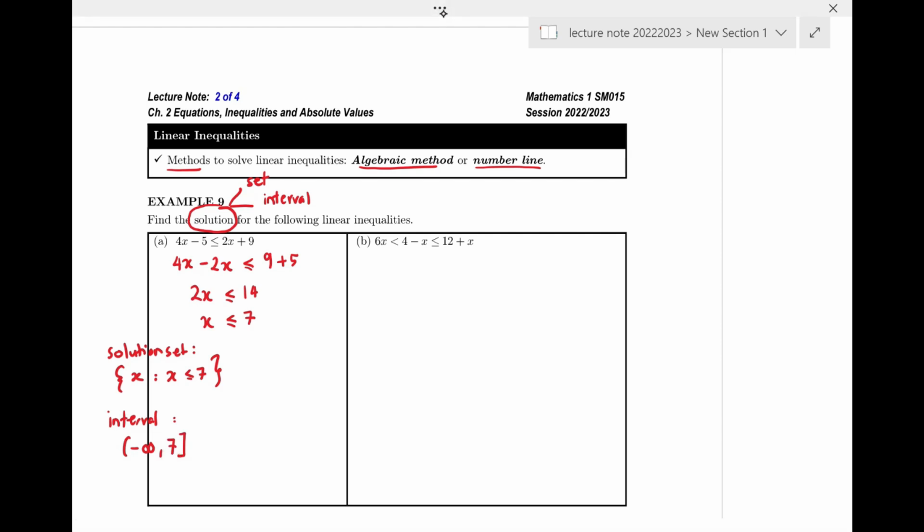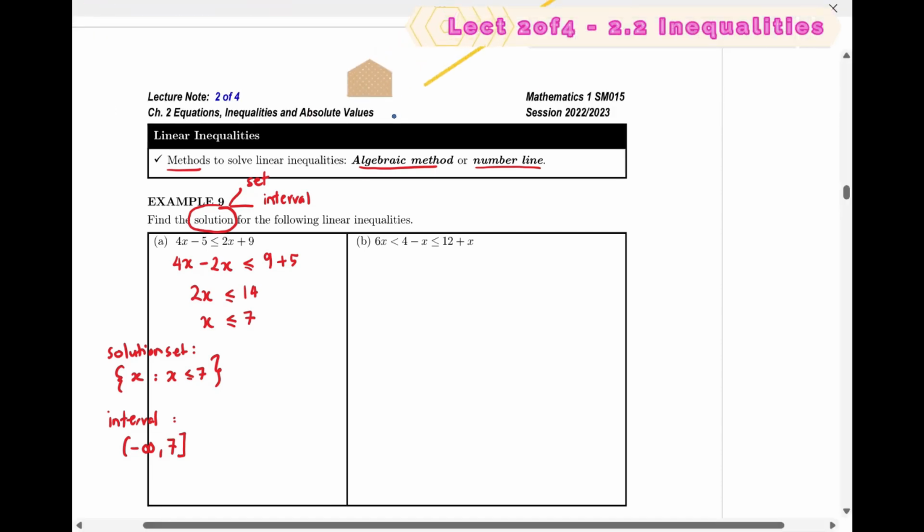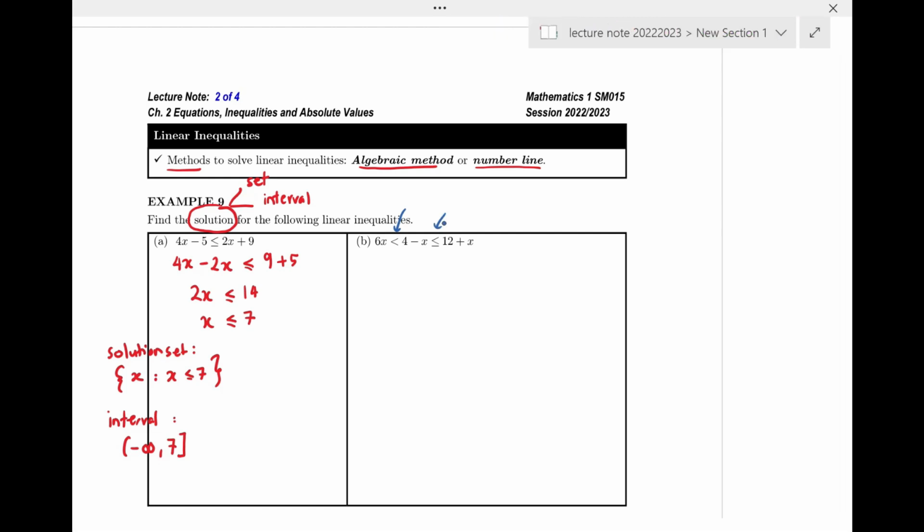I'll change my color to blue first. For the second one, we can see here we have two inequality symbols. So here we have to use a number line, and to use the number line, we have to combine it with 'and'. 'And' is actually an intersection.